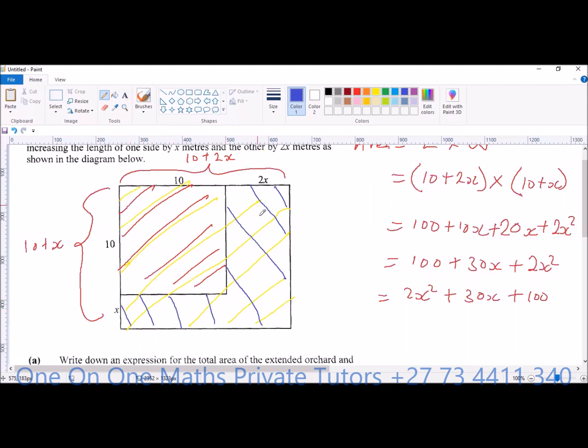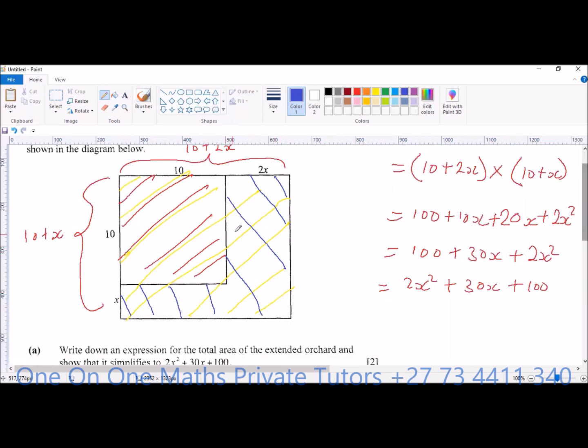So this is the extension. This is the area we want. But we can see it is an irregular shape. What we could do is extend here. Then we can use length times width plus length times width.